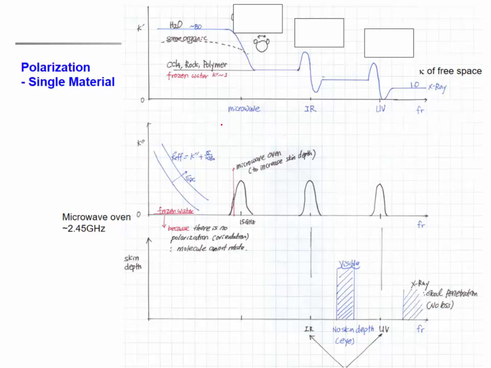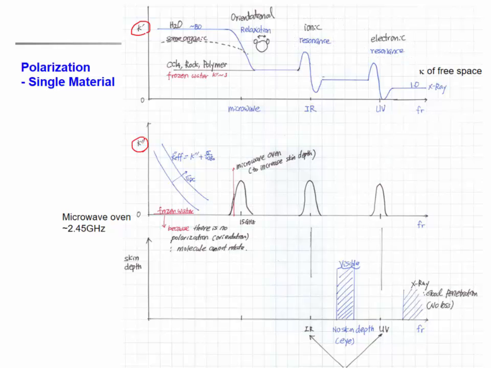And when we draw the spectral response of the real permittivity, kappa prime, and the imaginary permittivity, kappa double prime, you have these 3 distinctive regions according to the scale of the polarization.